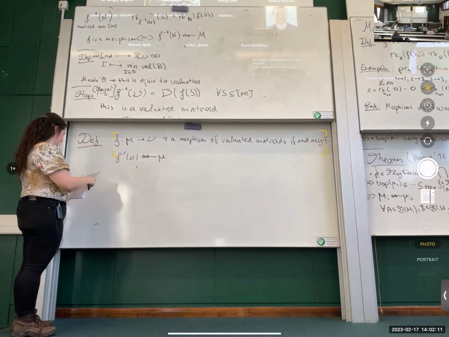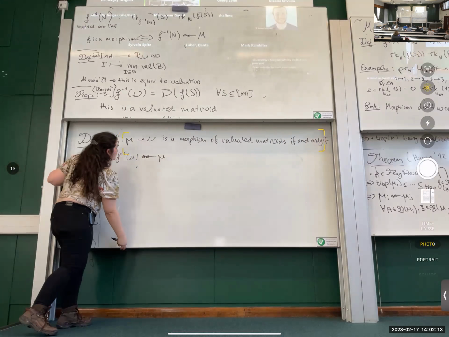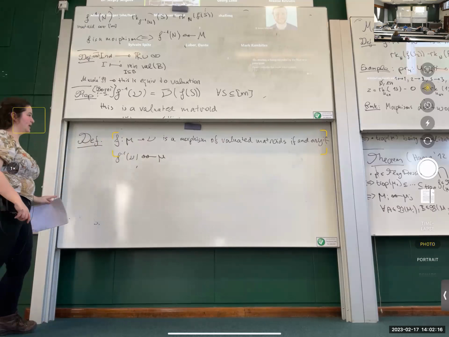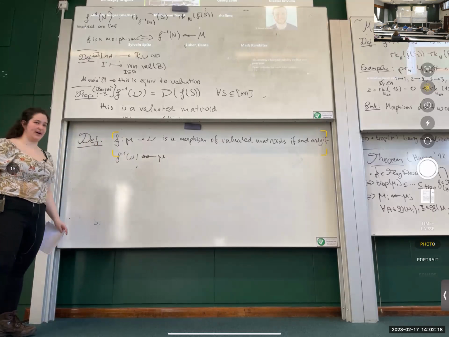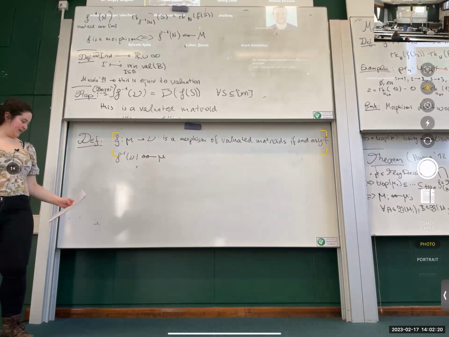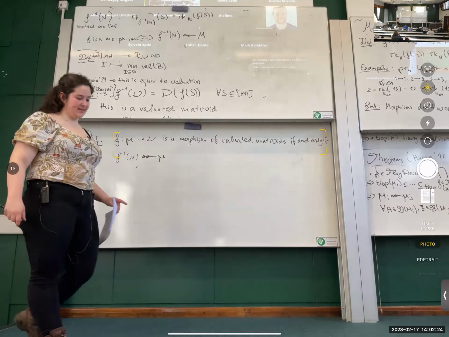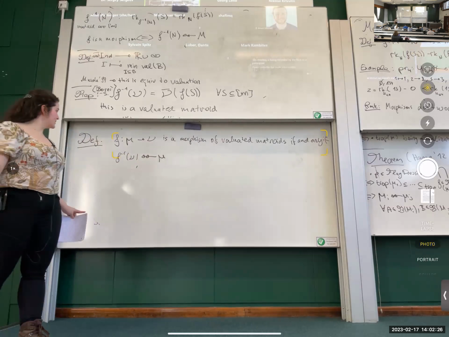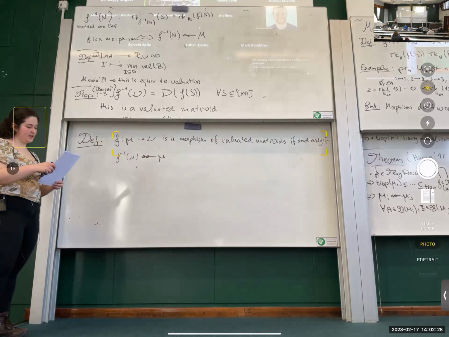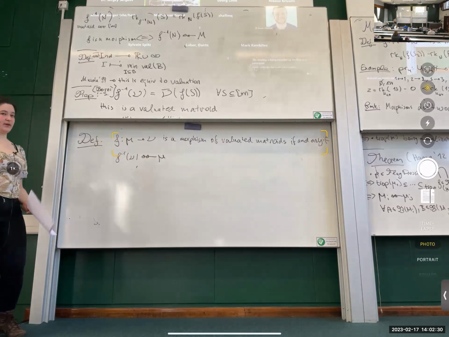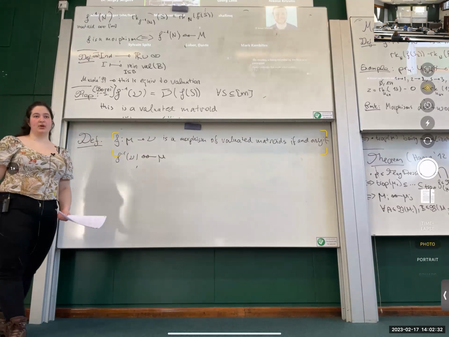So we can also now show that the usual things that you would want from a morphism of evaluated matroids are satisfied. If I have a linear map of evaluated linear spaces, this linear map corresponds to a morphism of evaluated matroids. And if I have a morphism of evaluated matroids, it induces a morphism on the underlying matroids.